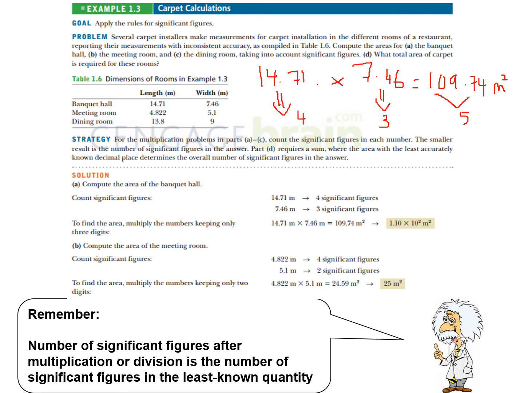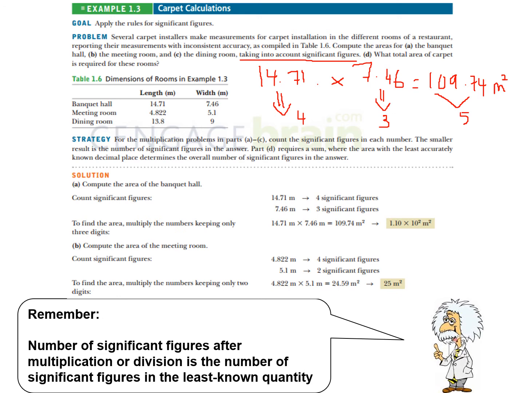Am I right? But when you see questions taking into account the significant figures, we must make sure it follows the significant figures rule.